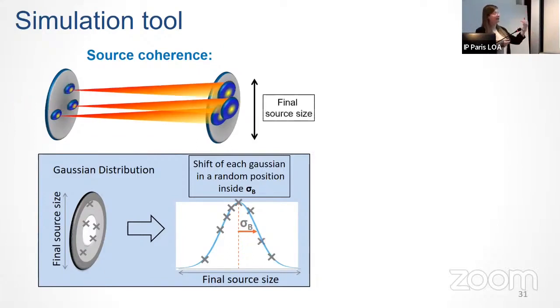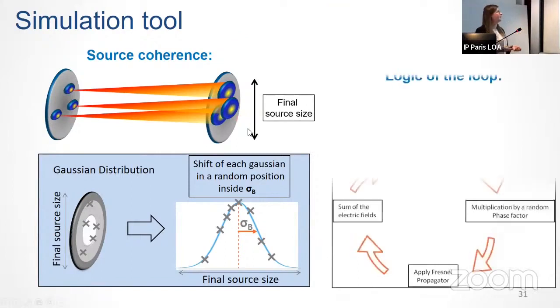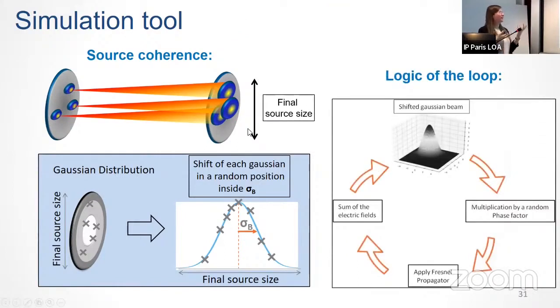We did that several times until we arrived at the final source size of our system. So the logic of our loop is that we define the source, then we apply the Fresnel propagator from one optical element to the other, and then we sum the electric fields only at the end to obtain absorption and phase maps.